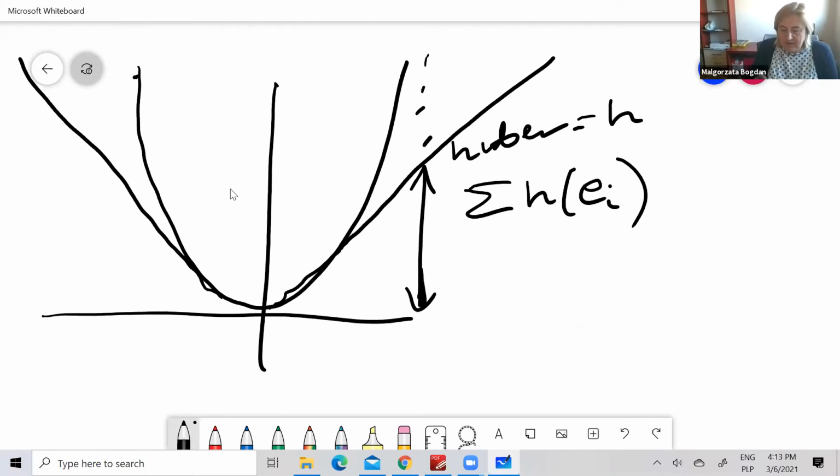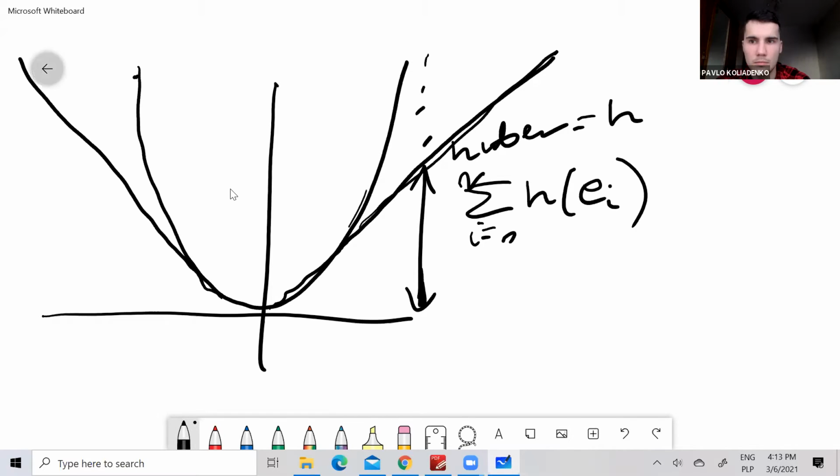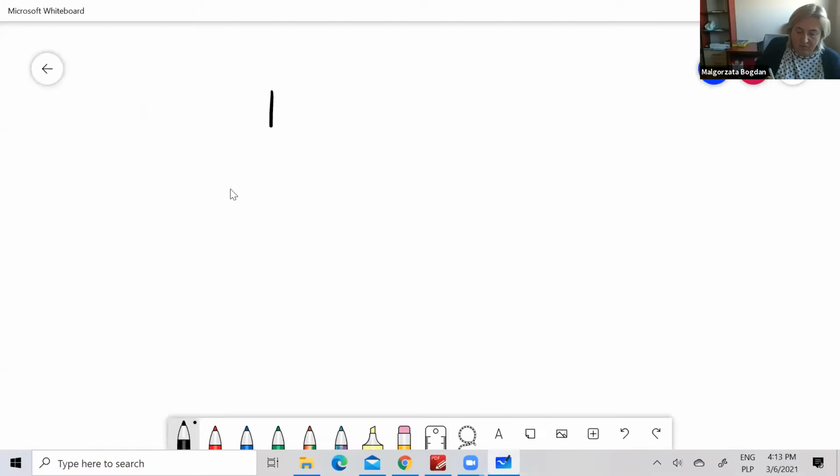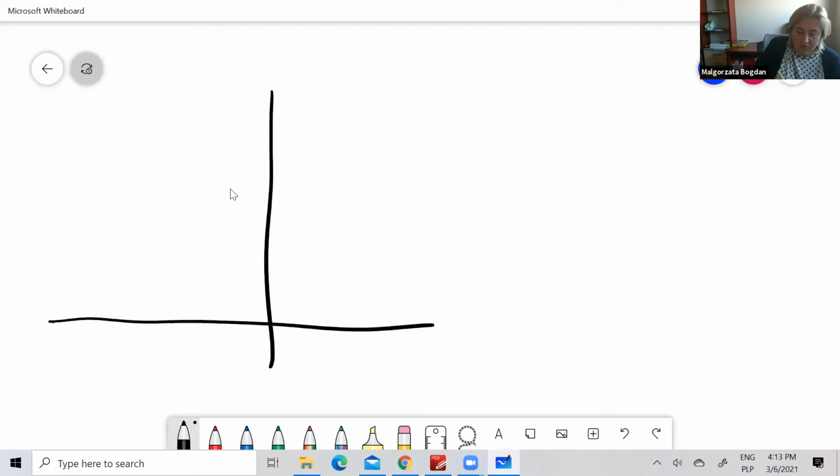So the function which I minimize is not a quadratic function, but a function for which large observations have a smaller influence. This is a Huber function, where we replace the square function with a linear one at some point. Another thing is the bi-square function. Sometimes we do it this way, with a function which looks like this.